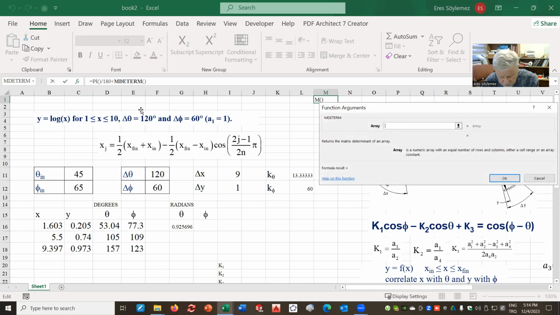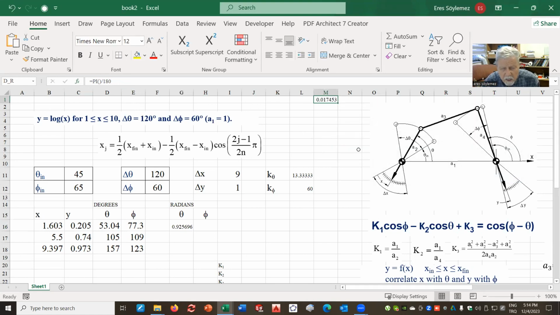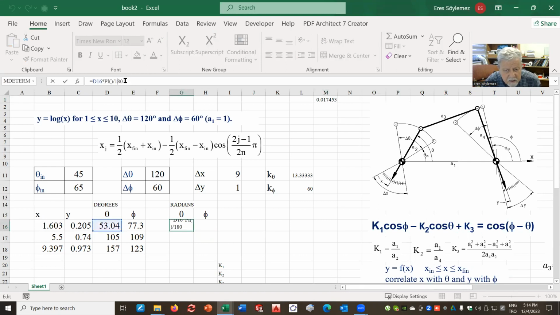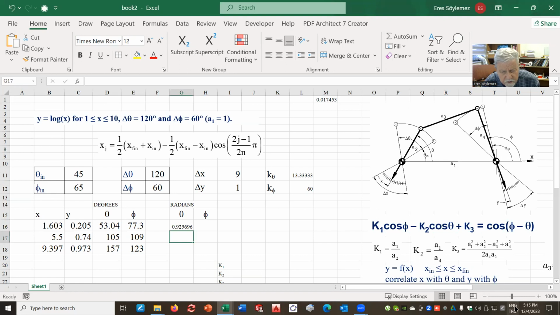And I have given it a name, DR, degree to radian conversion unit. Now, in that case, rather than writing pi over 180, times DR seems to be much simpler, because I will be using that DR over and over, as you will see later.